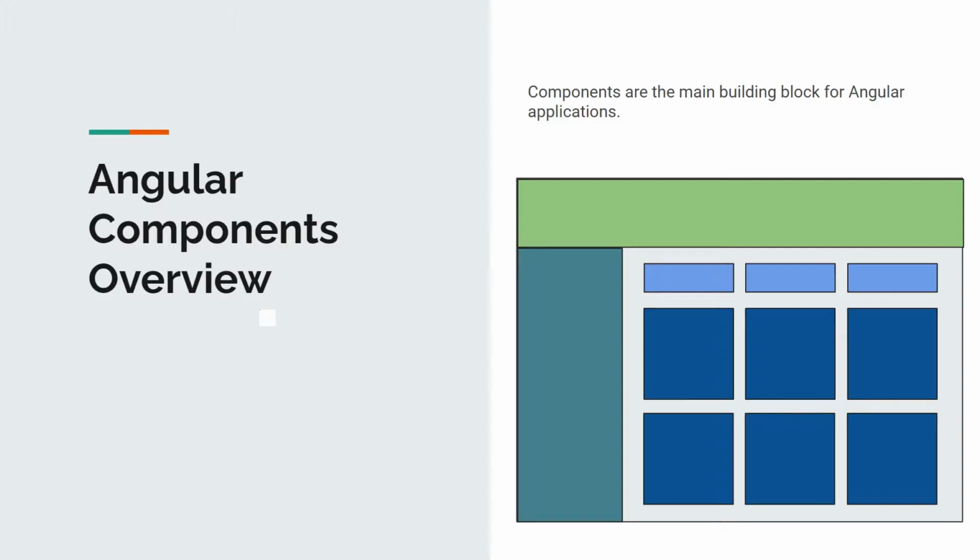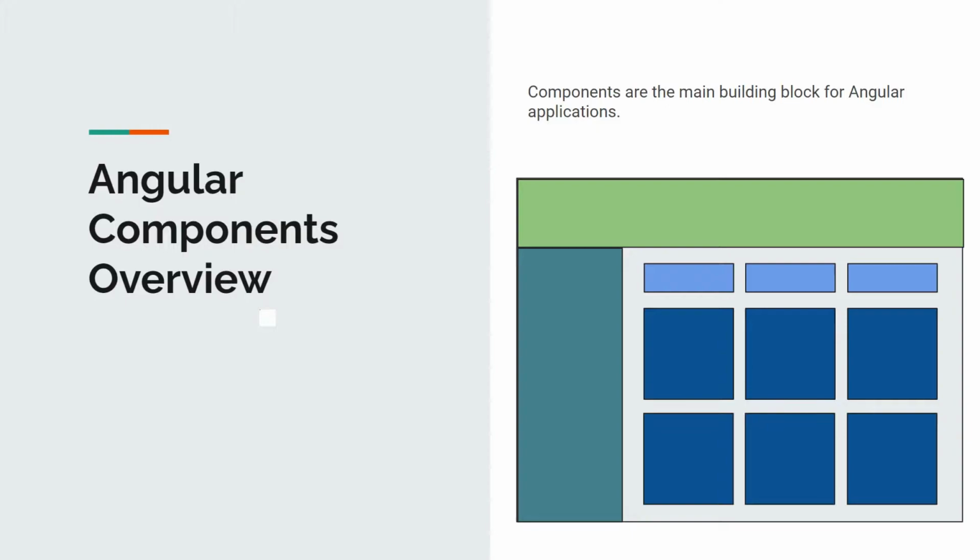Let's see some examples. You can see the picture on the screen; consider this as a web template. You may all be familiar with this kind of web template. Then consider each section which has a similar color.